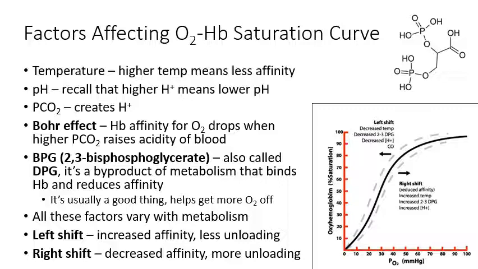That BPG will bind to hemoglobin and prevent oxygen from binding, or make it harder for oxygen to bind. So more BPG means less affinity of hemoglobin for oxygen. So all of those things are reducing the affinity of hemoglobin for oxygen.